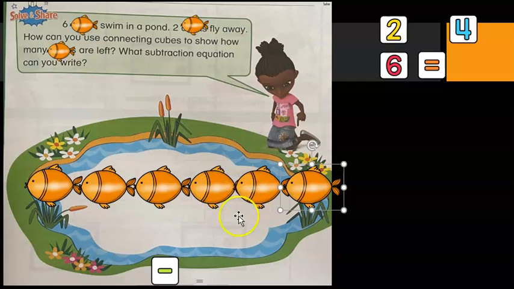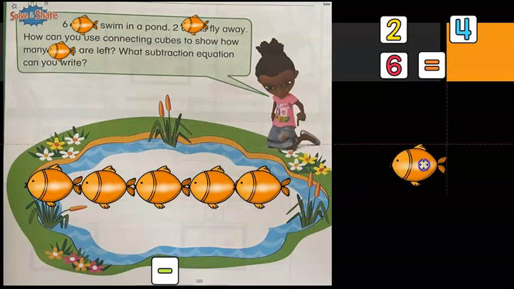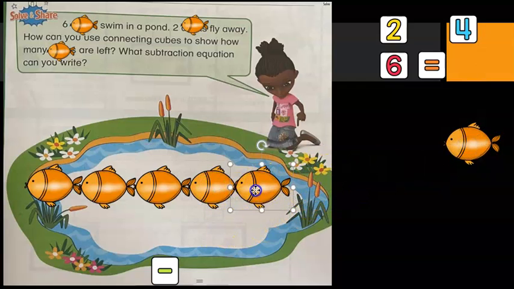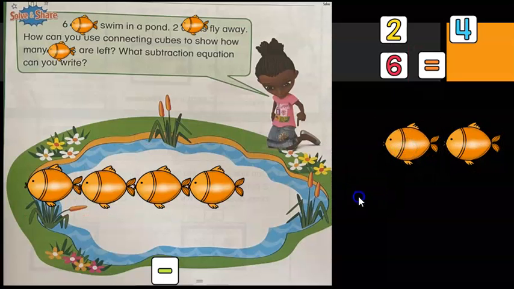We got to take 2 fish out of here. 1, 2. Now look, first graders, how many fish now are left in the pond? How many are still in the pond? 4. Let's count. 1, 2, 3, 4. Now, 4 is our answer here.